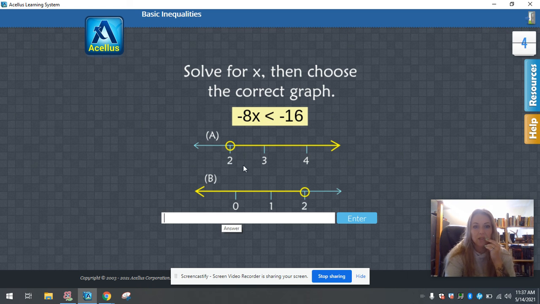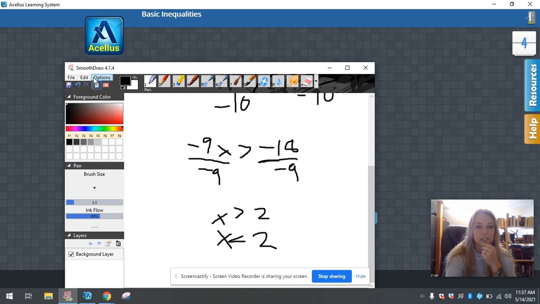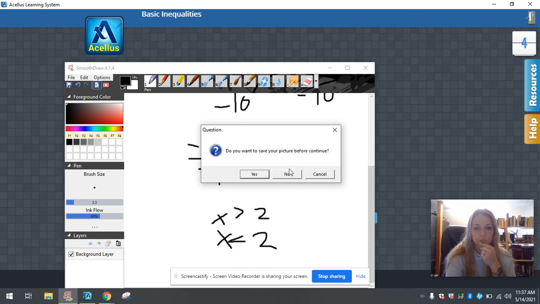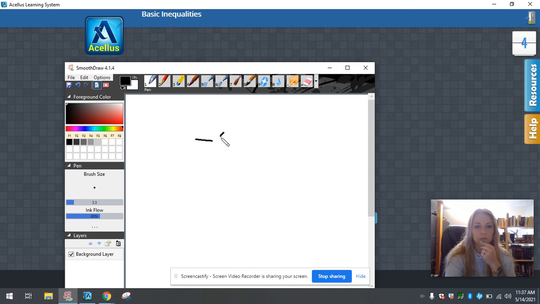Again, here we have negative 8x is less than negative 16. So all we have to do here is divide by negative 8 to get the x by itself. And since I did that to the left side, I'll do it to the right side.